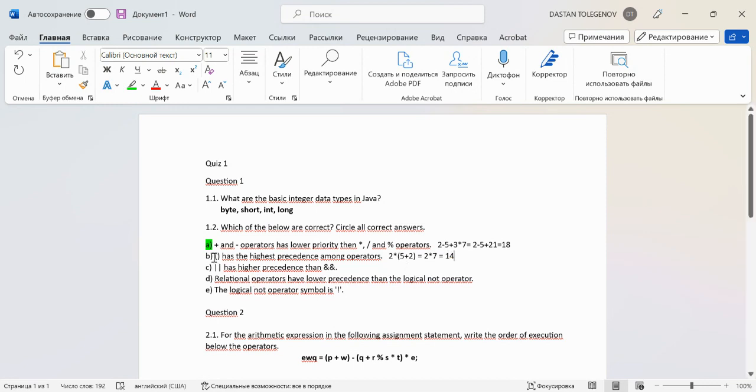Option C, OR has higher precedence than AND. Well, I cannot agree with that because mostly when we have such operators, they are usually used in if statements, else statements, and else if statements. Let's use the if keyword.